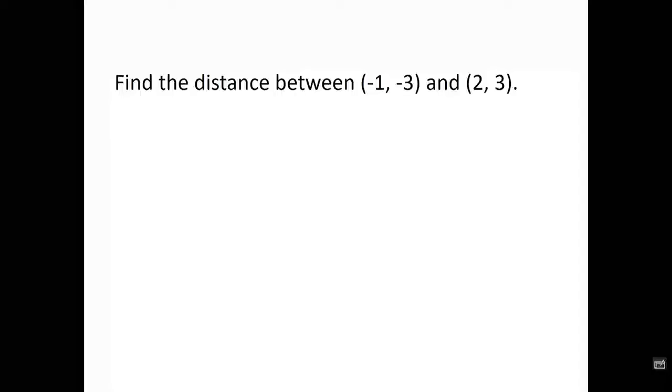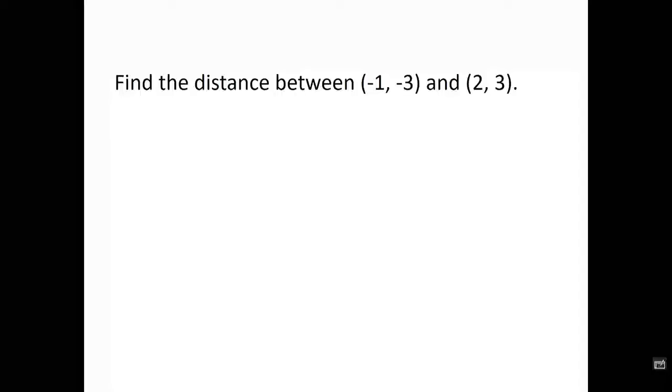All right? So we're going to make the substitution. X sub 2 is 2 minus x sub 1, which is -1, squared, plus y sub 2, which is 3, minus y sub 1, which is negative 3, squared.